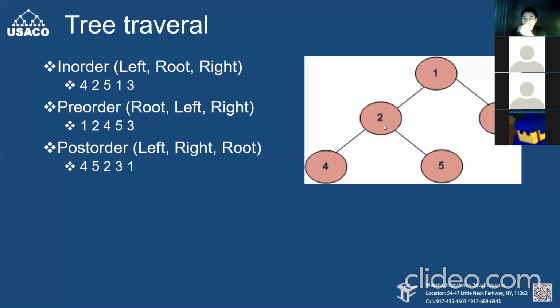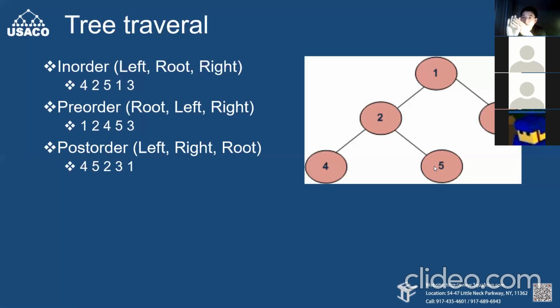But it's recursive: the same way we handle the big problem is applied to handle the small problem. So here we have a small tree, and for this tree, again, we need to visit left first. Left, root, and right. The left is 4, so that's the reason why node 4's value is printed out first. And then the middle, the root, is 2, and then the right side is 5.